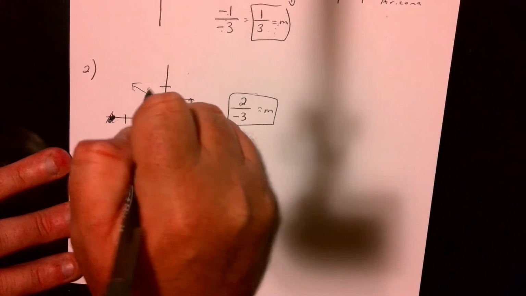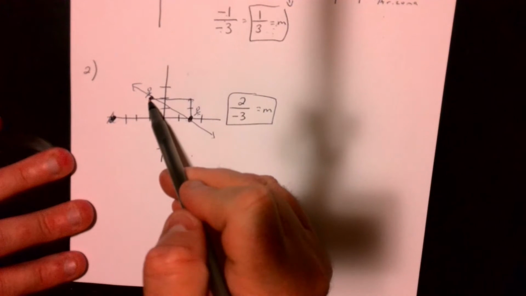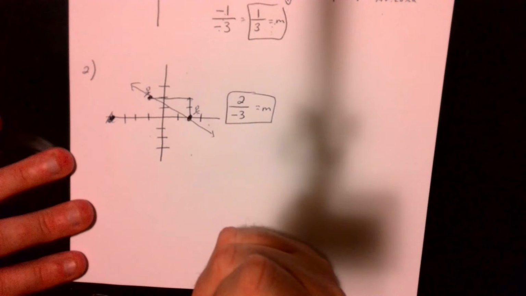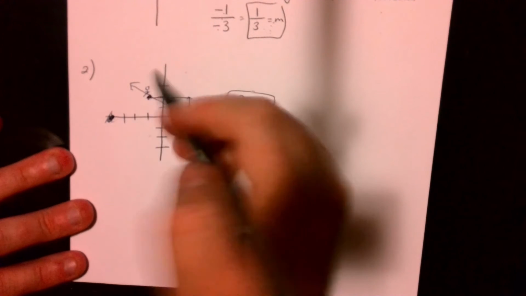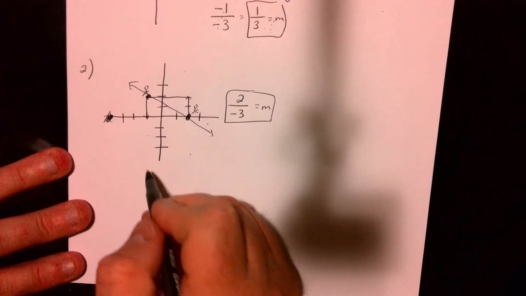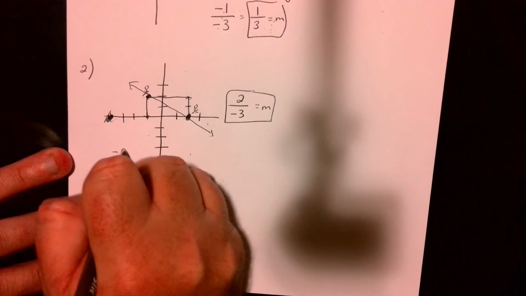So if I started here instead, this time does he have to go up or does he have to go down to get to that point? He's got to go down. How many times? Once, twice. Going down is a negative, so that's a negative 2.